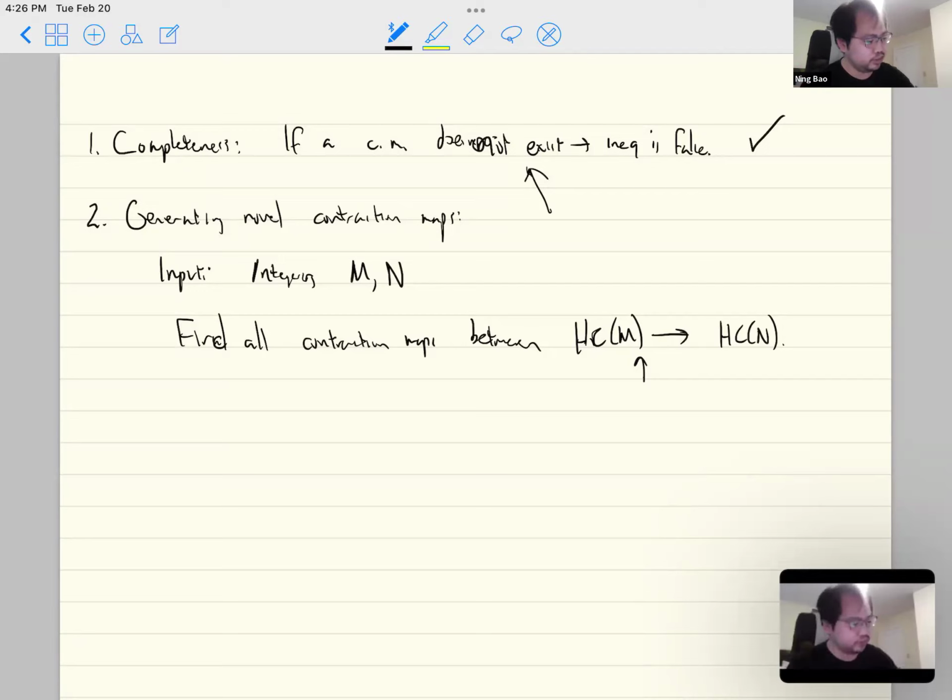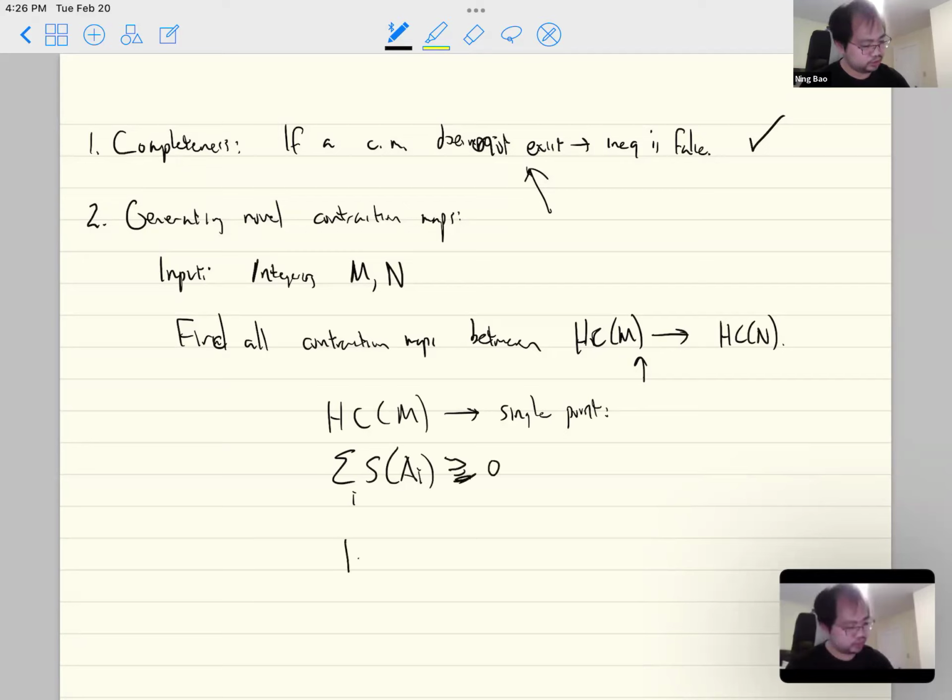For example, in the trivial examples I mentioned before, where I take the full hypercube and map it to a single point, it's not hard to convince yourself that this corresponds to the inequality that a sum of a set of entropies is greater than or equal to 0.